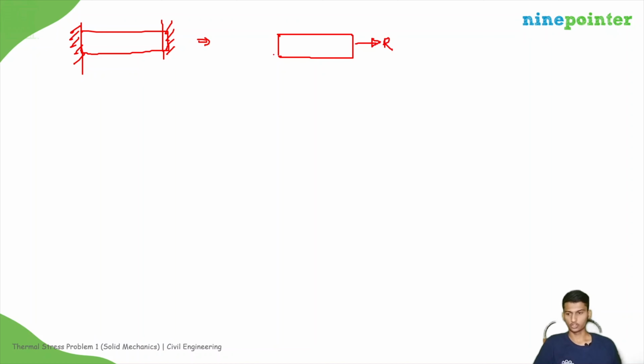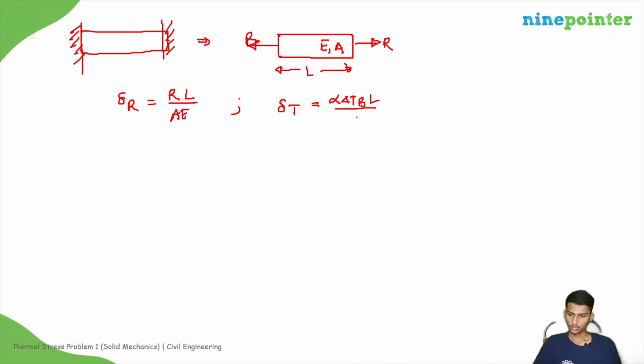Let us assume it is positive. Then for the bar of length L, E, A, del R will be given by R L divided by A E. We already know del T is alpha delta T_B L divided by 4. So del R plus del T is equal to 0.